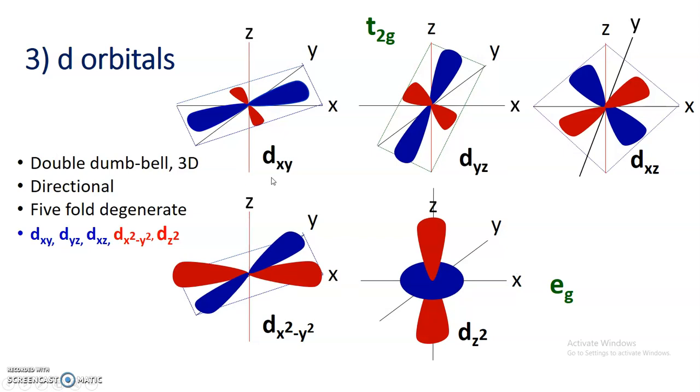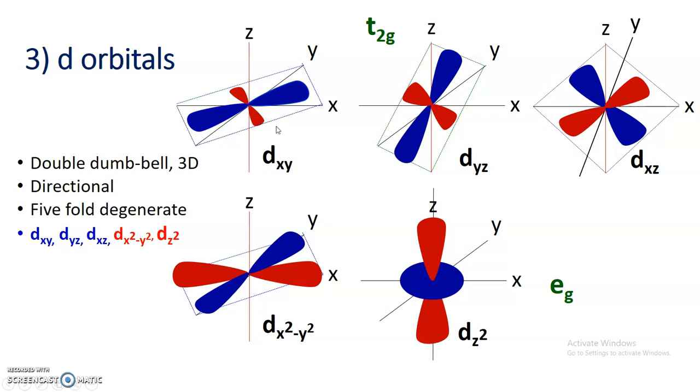For d orbitals, always keep in mind there are 5 d orbitals. In the absence of a magnetic field or any ligand field their energy is equal, and in the presence of an octahedral ligand field, the orbitals split into 2 levels, the eg level and the t2g level.